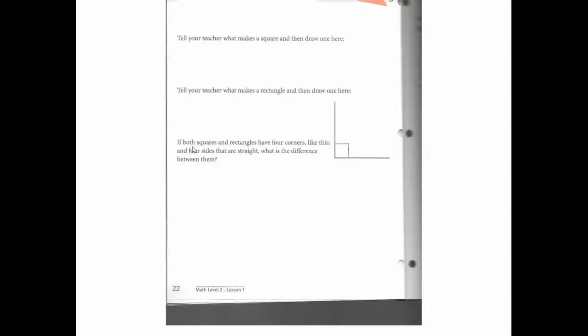It says if both squares and rectangles have 4 corners like this and 4 sides that are straight, then what's the difference between them? What's the difference in a square and a rectangle? Remember, a square is all the same, but a rectangle has 2 long sides and 2 short sides. Okay? You understand that? Very good.